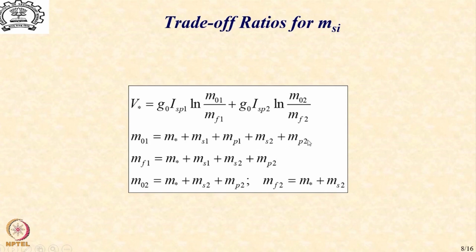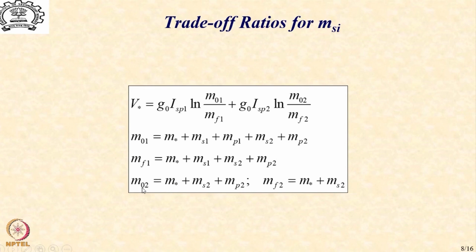The reason why I am writing like this is that the process of differentiating a piecewise continuous function will become simpler when I express it in this form, and it will be clearly visible what the steps involved are. Similarly, I write MF1 by subtracting MP1 from M01, so that I get M star plus MS1 plus MS2 plus MP2.